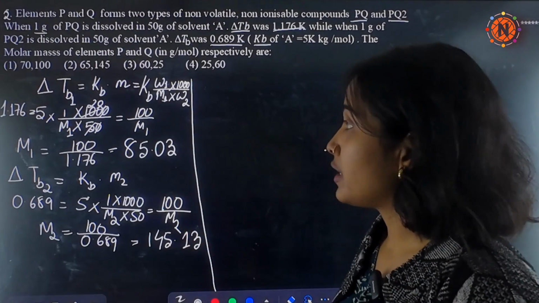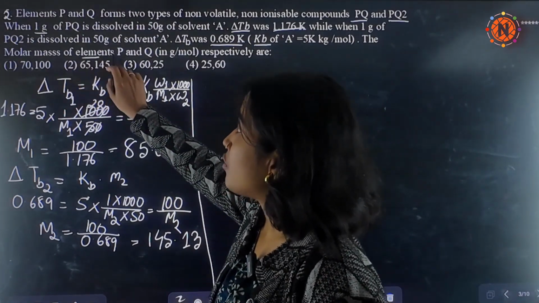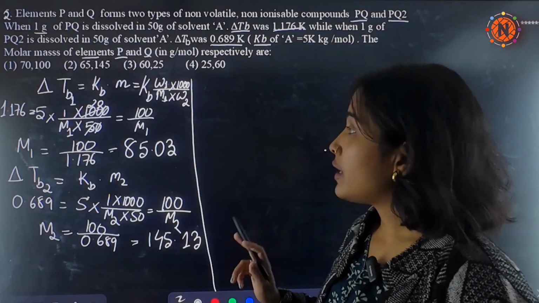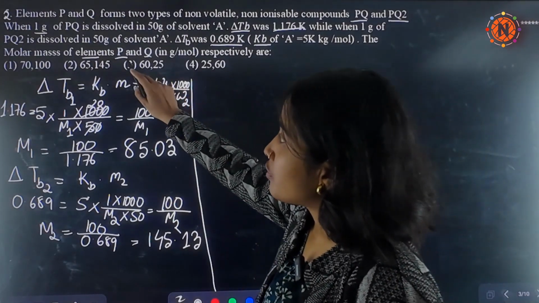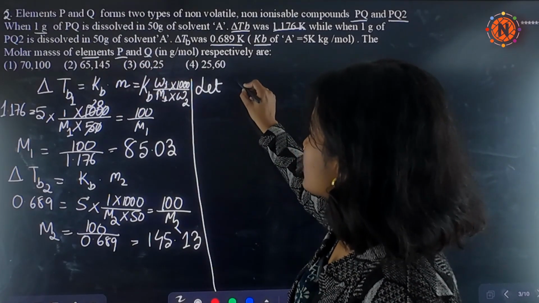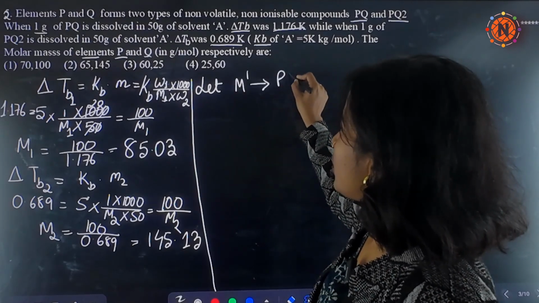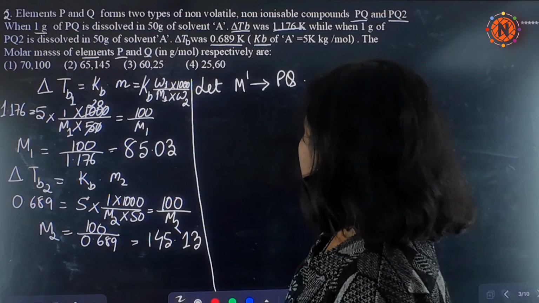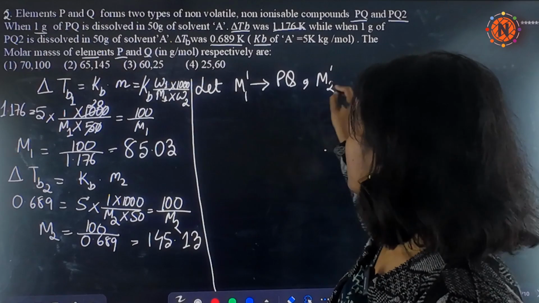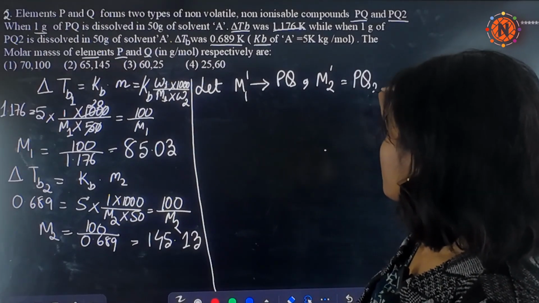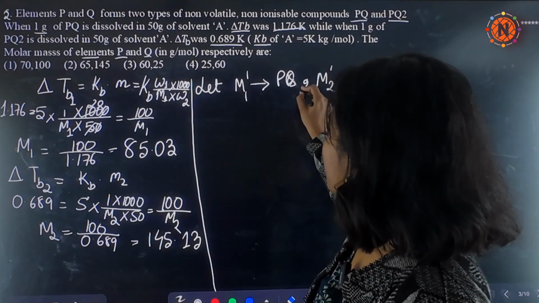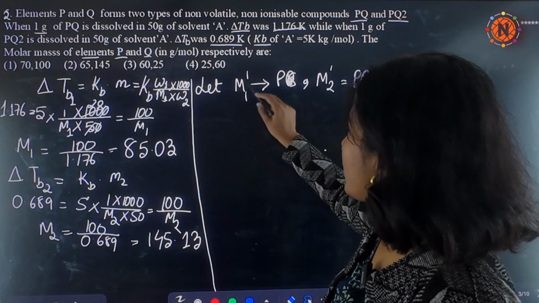Okay, so we have found out the molar masses of the solutes. Our target is to find the molar mass of elements P and Q, right? Two compounds are given, PQ and PQ2. Let us consider the molar mass of P as M1 dash in PQ, and M2 dash for Q in PQ2.